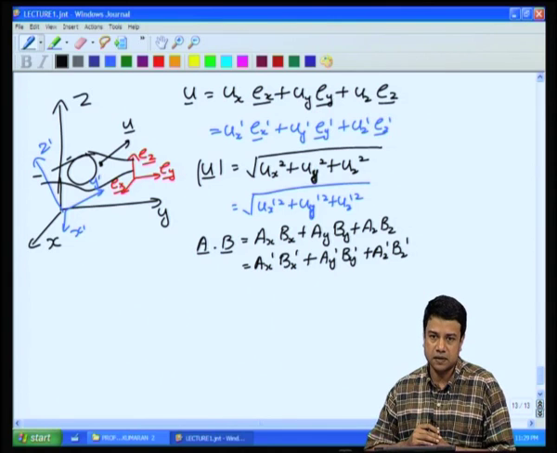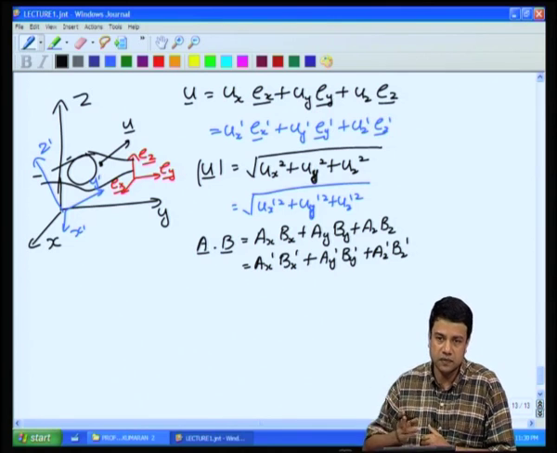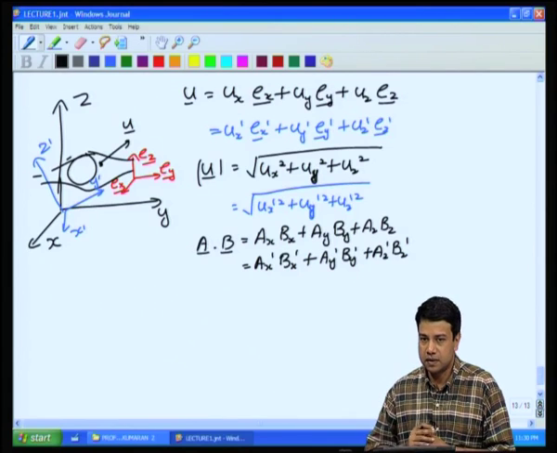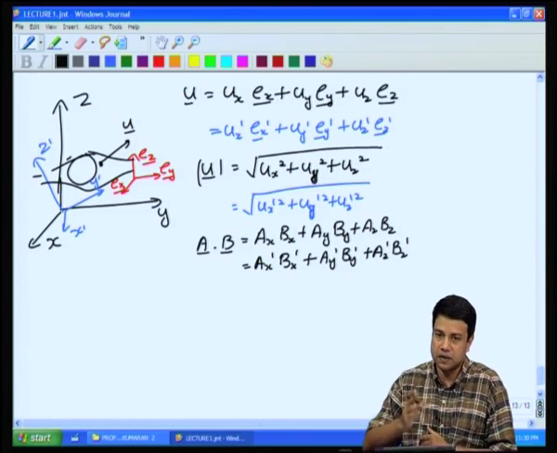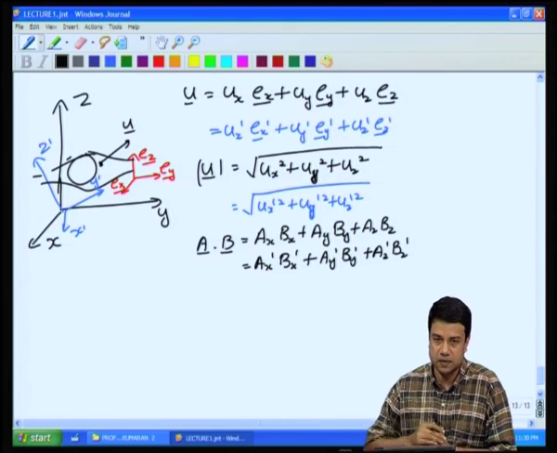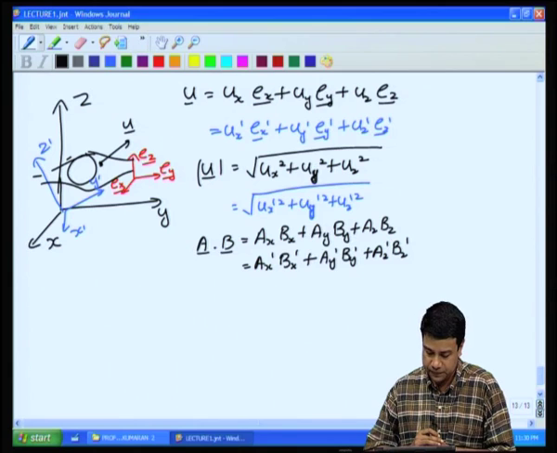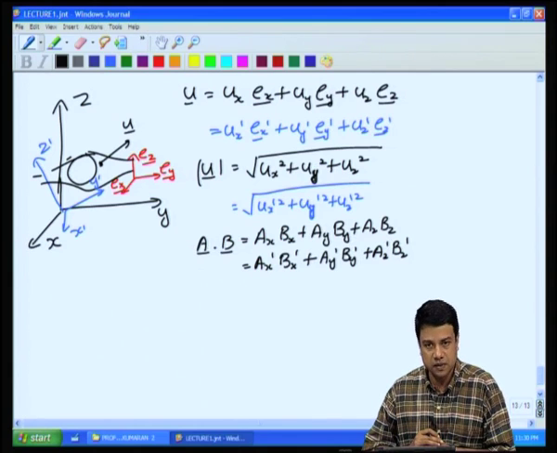So, there are various vectors. Velocity is a vector. It gives you the direction in which the fluid is moving at that particular location. Acceleration is a vector, the rate of change of velocity. It gives you the particular direction in which there is a change in velocity with respect to time. Force is a vector, momentum is a vector. There are other vectors that we defined in the previous Fundamentals of Transport Processes 1.